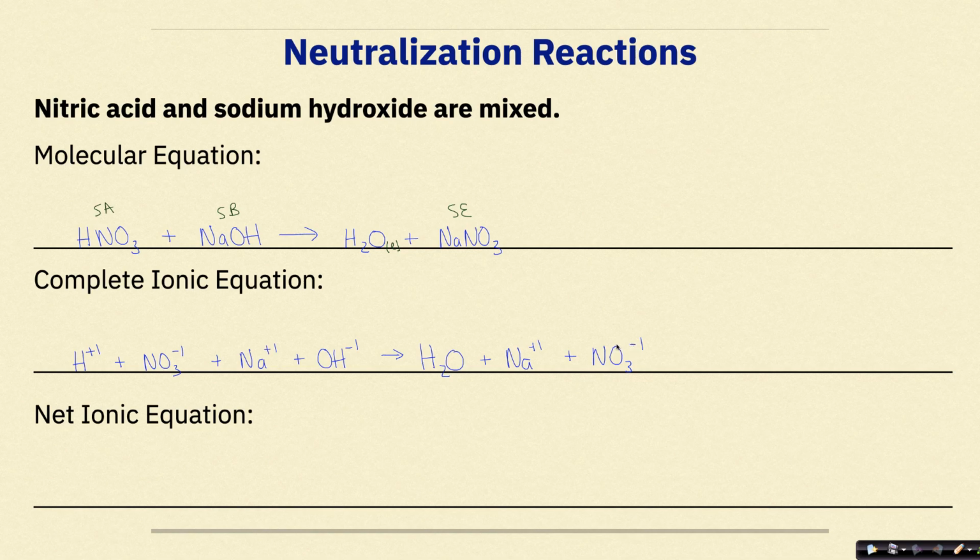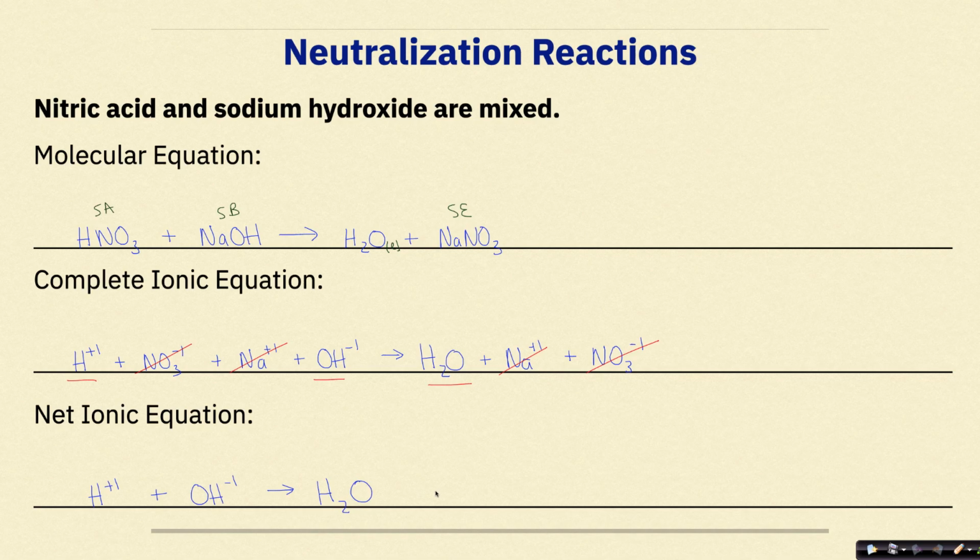And now that I do this, I am going to go through and I'm going to cross out my spectator ions because they will not be in my net ionic equation. So Na+1, Na+1, NO3-1, NO3-1. I'm left with the hydrogen ion, the hydroxide ion, and water. So if I rewrite this, I will have H+1 plus OH-1 yields H2O.